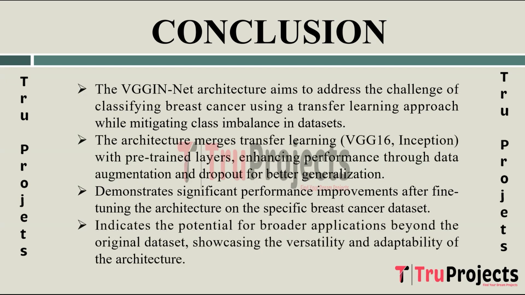The success of VGGIN net on the breast cancer dataset indicates its potential for broader applications beyond the original dataset. This showcases the architecture's versatility and adaptability, suggesting that the knowledge and features learned from transfer learning can be effectively applied to different datasets or tasks related to medical imaging and potentially other domains.